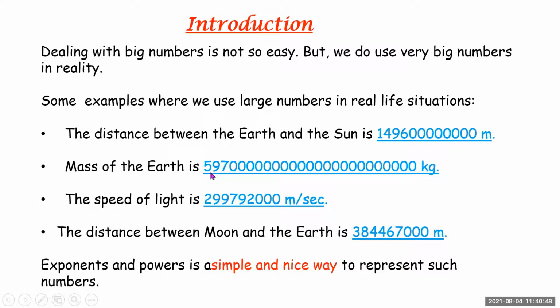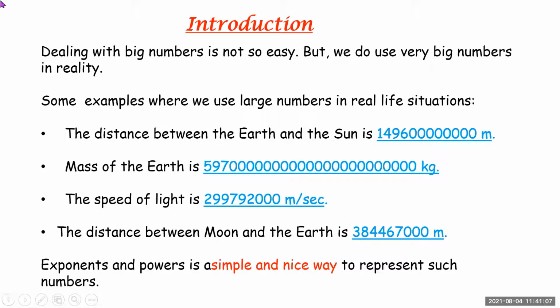Mass of earth is 597,000 all the way to 0 kg. Speed of light is 299792000 meters per second.